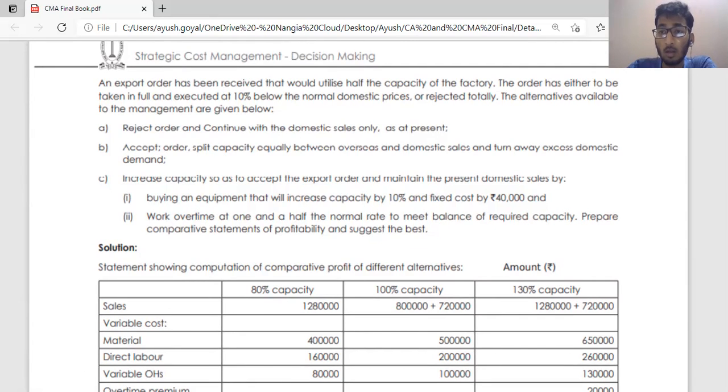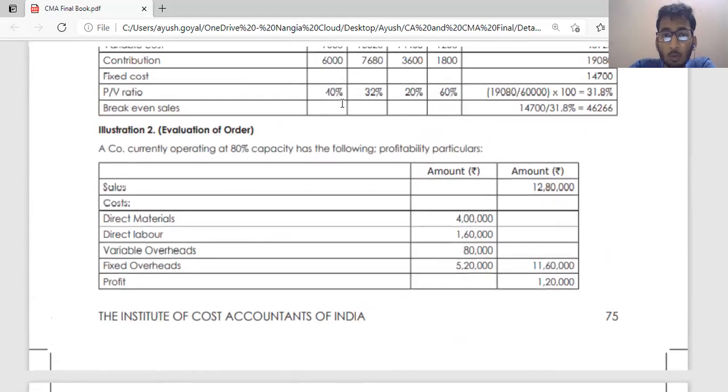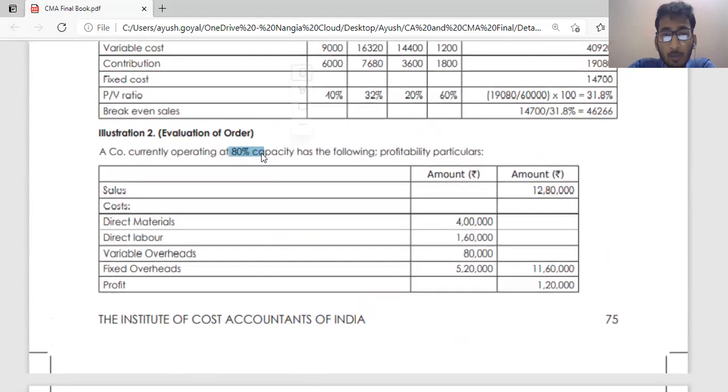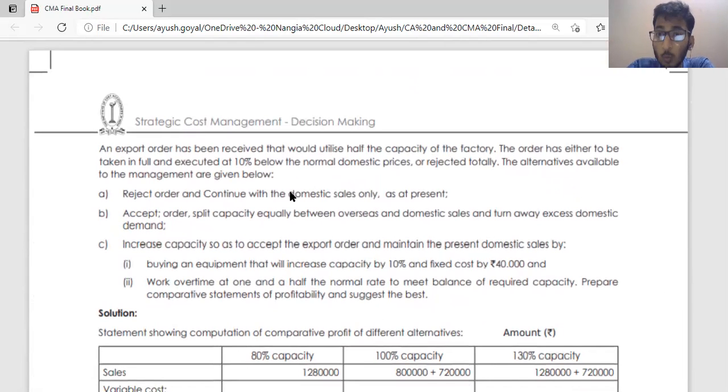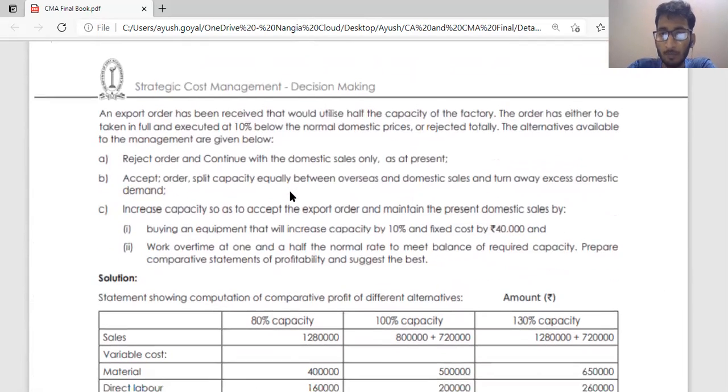Now we are receiving a special order. An export order has been received that would utilize half of the capacity of the factory. So basically we are currently working at 80% capacity, and it is saying that the export order will use half of the capacity of the factory.